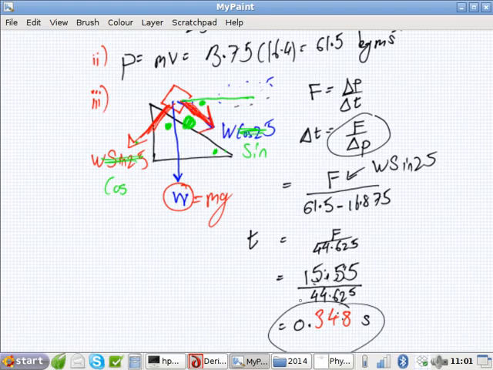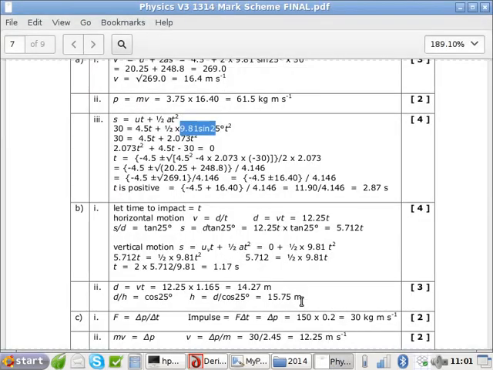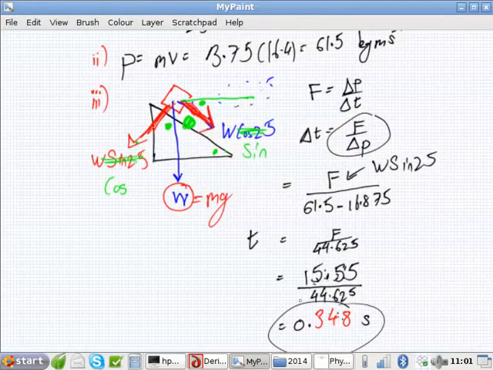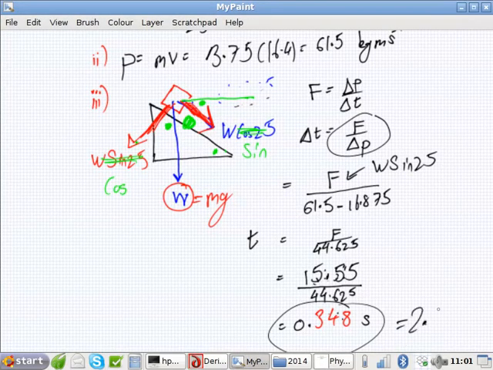And my answer is 2.87. Oh, that's so bad. Upside down. Okay, continue. You want to fix that? It's upside down. It's terrible.